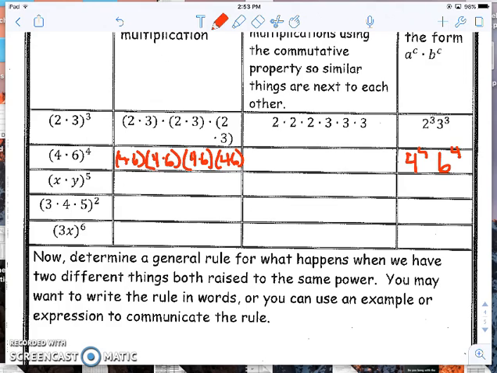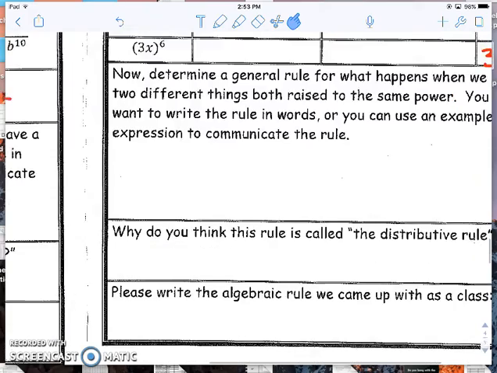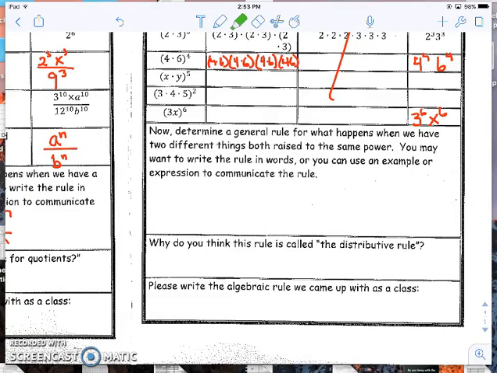So if we're distributing, this would be 3 to the 6th, x to the 6th. So again, as a rule, if we have a times b to the n, this is a to the n, b to the n.